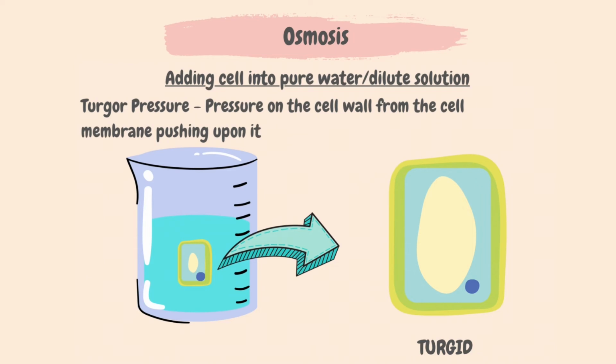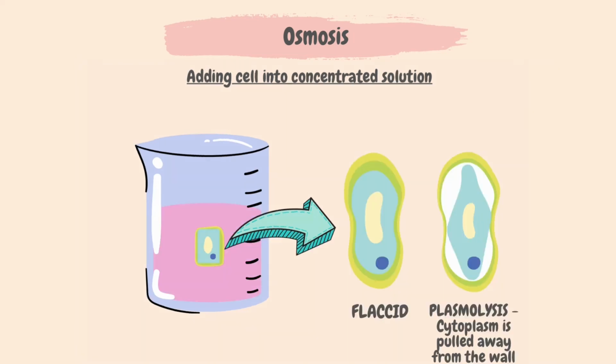Let's look at what will happen if we add the cell into concentrated solution. There will be a higher water potential inside the cell than outside, and therefore water will move out of the cell. As the water moves out, cells become flaccid or shrink. A plant cell can become plasmolysed if too much water is lost.